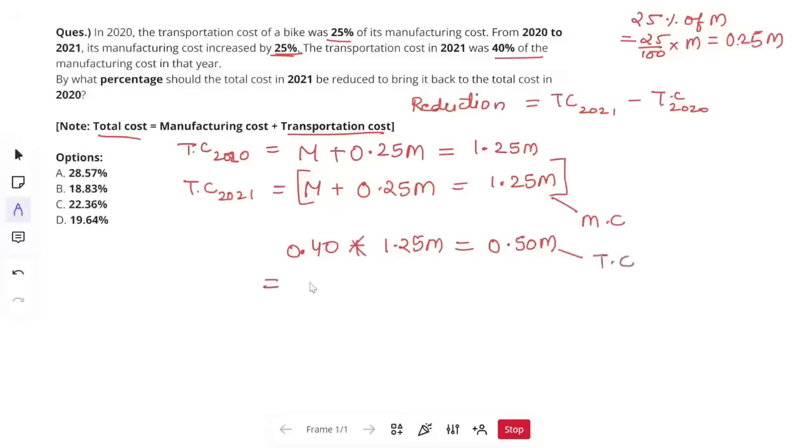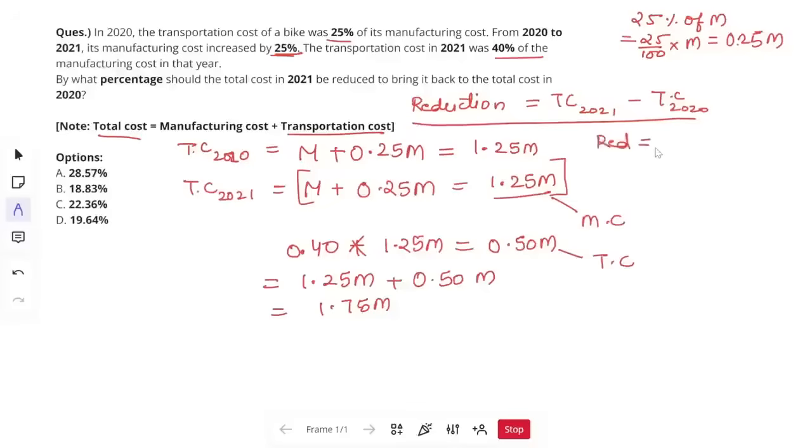So our total cost will be 1.25 M plus 0.50 M. If you add both of them, you will get 1.75 M. So now we have got the total cost in 2021. Now our formula that we have written, right? Reduction.